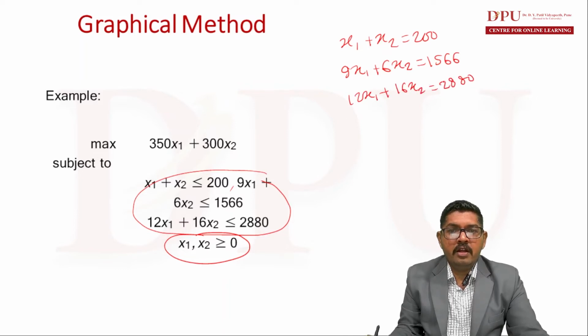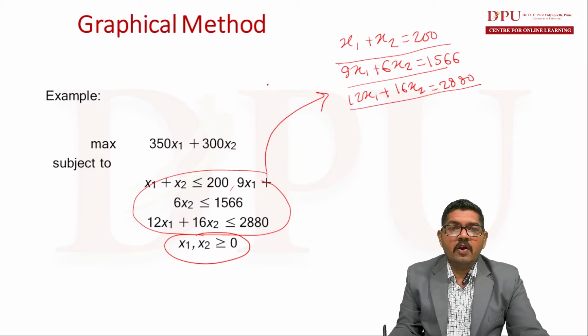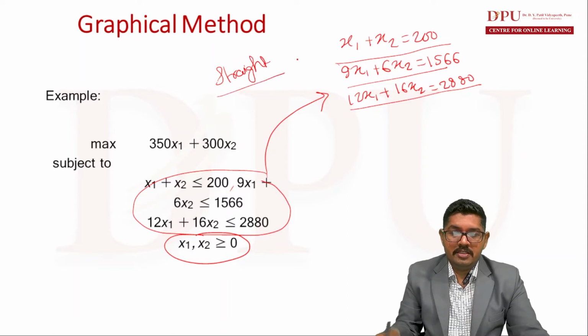So we converted all the inequalities into equalities. These are our linear equations, equations of a straight line. By using these equations we can draw the straight lines on the coordinate axes.